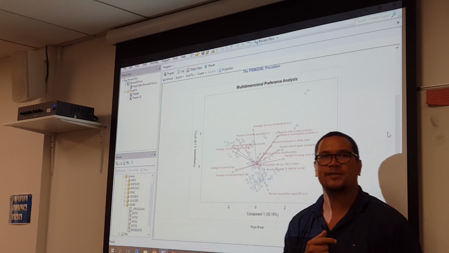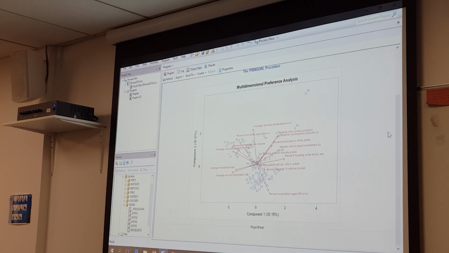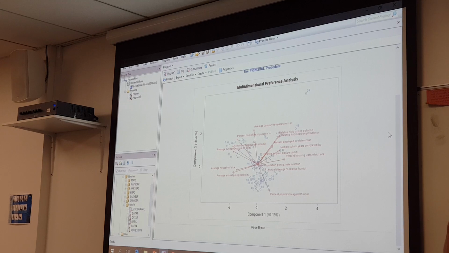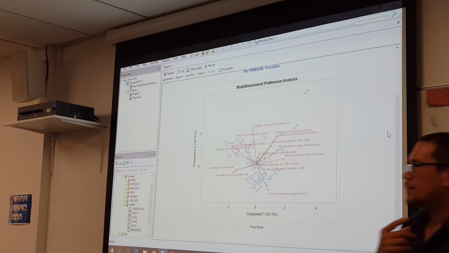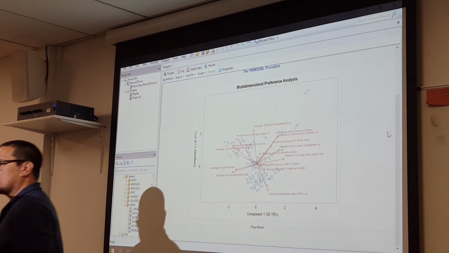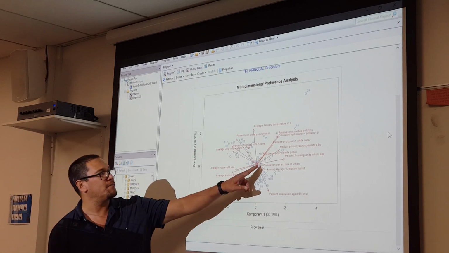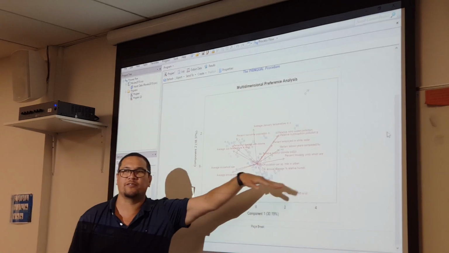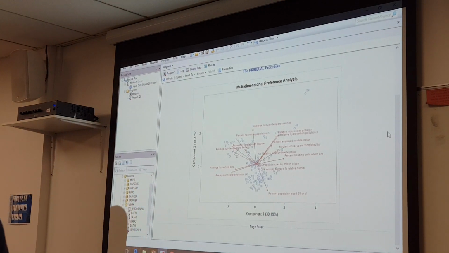And that's how you read your PCA plot, typically with respect to the original variables. Those values that are really small are probably projecting outside of the PC itself.